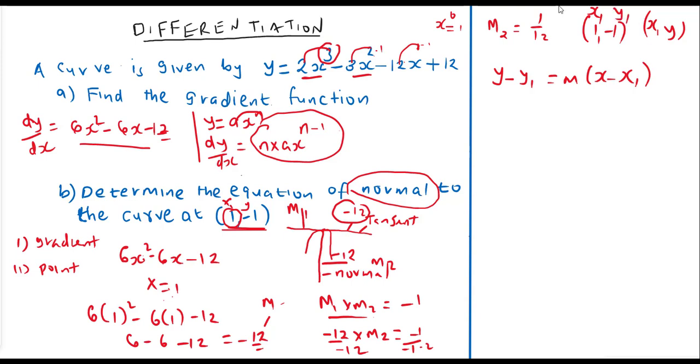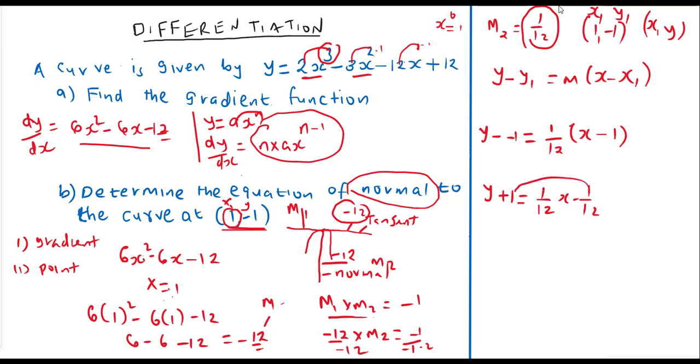So we substitute m with 1 over 12, y1 with negative 1, and x1 with 1. So we'll have y minus y1, which is negative 1, equal to the gradient, which is 1 over 12, into bracket x minus x1, which is 1. So this gives us y plus 1 is equivalent to, opening this bracket, 1 over 12x minus 1 over 12.